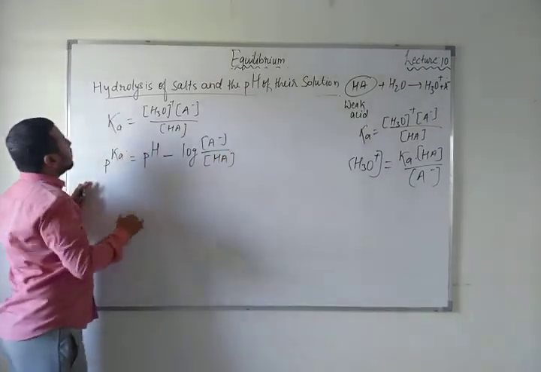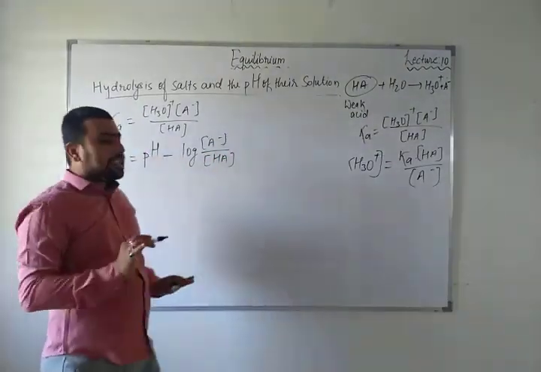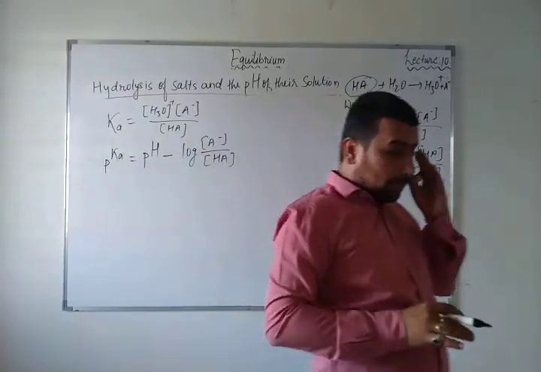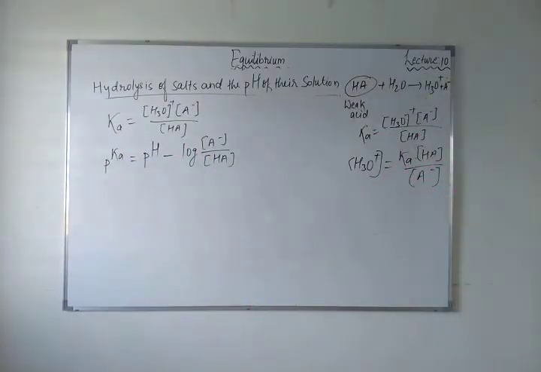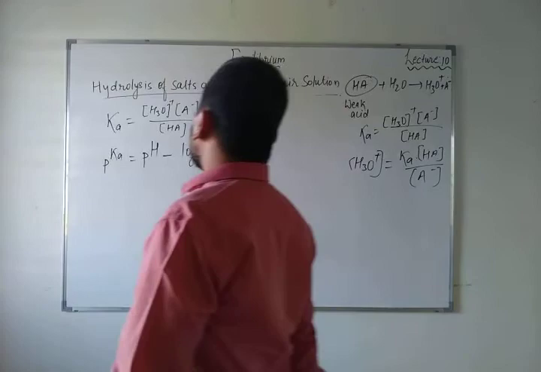Got it or not? We have just arranged it in the form of logarithm on both the sides, and if you do not understand, then I am giving you a hint that pH is equal to pKa plus log conjugate base upon acid.